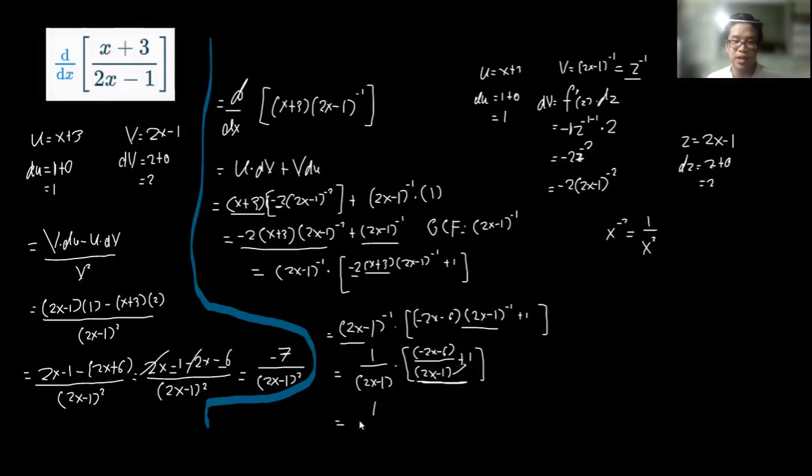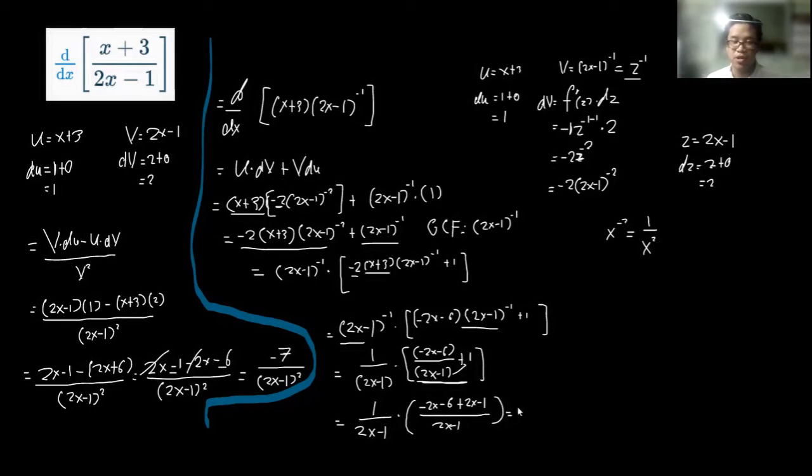Let me rewrite this again so that you may get it. 2x minus 1 times 1 is just 2x minus 1, now plus negative 2x minus 6, all over, copy the denominator, 2x minus 1.